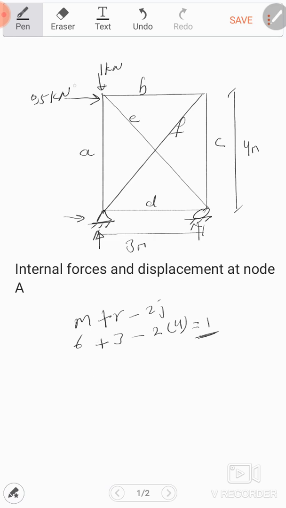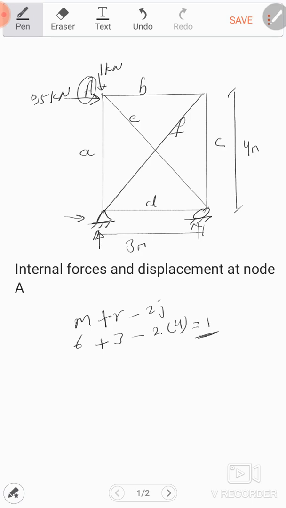So here at node A, this is node A, we have 2 forces applied on node A. So we should substitute 1 kilonewton for each value of forces we have.